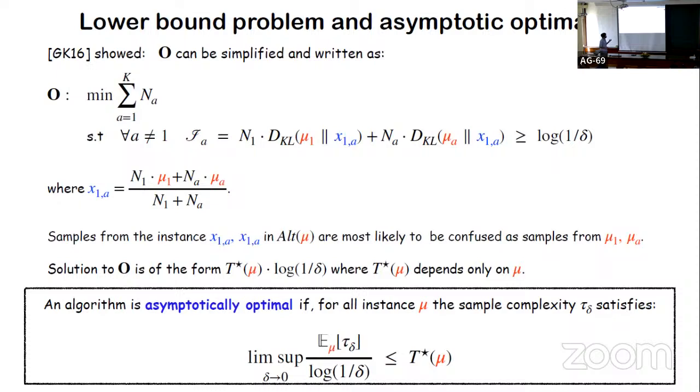In the lower bound problem we got, this infimum over all our alternate hypotheses can actually be simplified, and this infimum is attained at a particular instance, which we call x1a, and what x1a represents is the instance which is most likely to be confused with the instance mu.